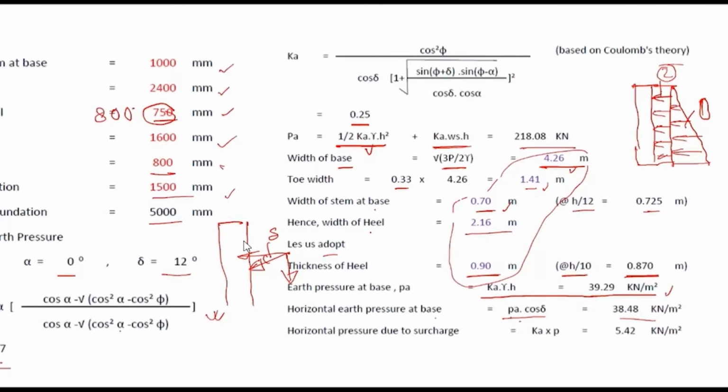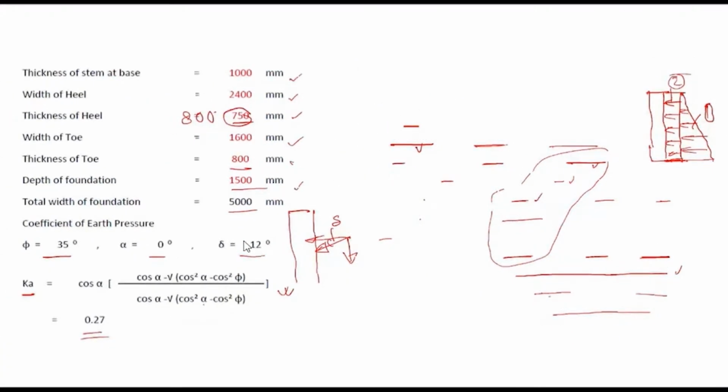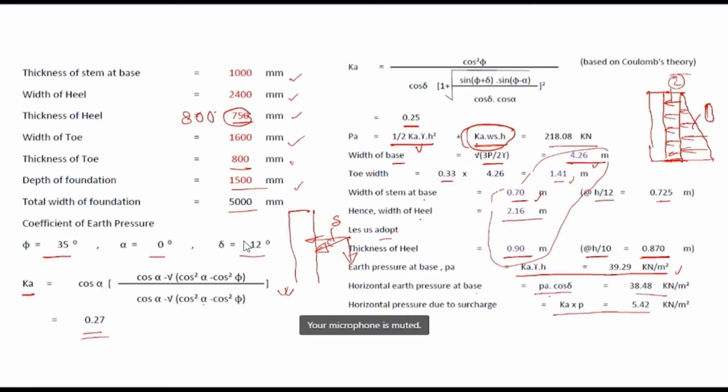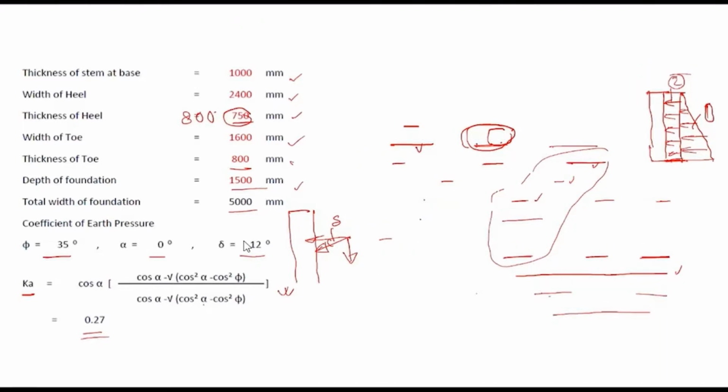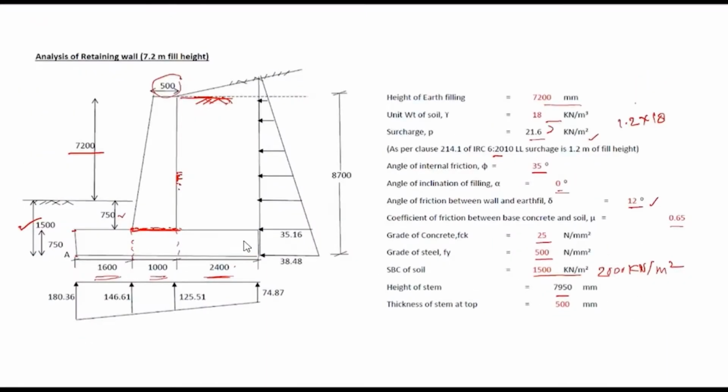The horizontal pressure due to surcharge will be like this: Ka into Ws into H, where Ws, the surcharge we have calculated, is 21.6. So 21.6 into height into Ka. Now we will calculate these values.